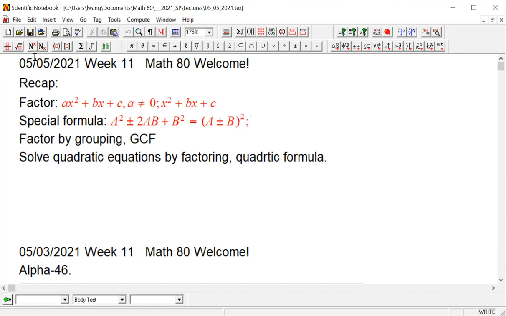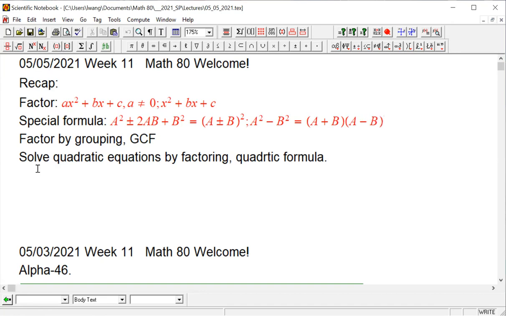And the other special formula is a squared minus b squared, the difference of squares, equals a plus b times a minus b. So we have done all of these.